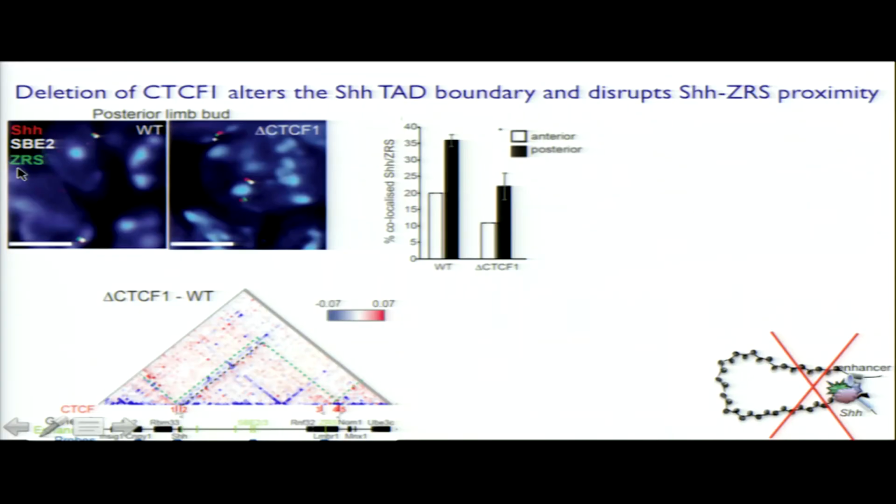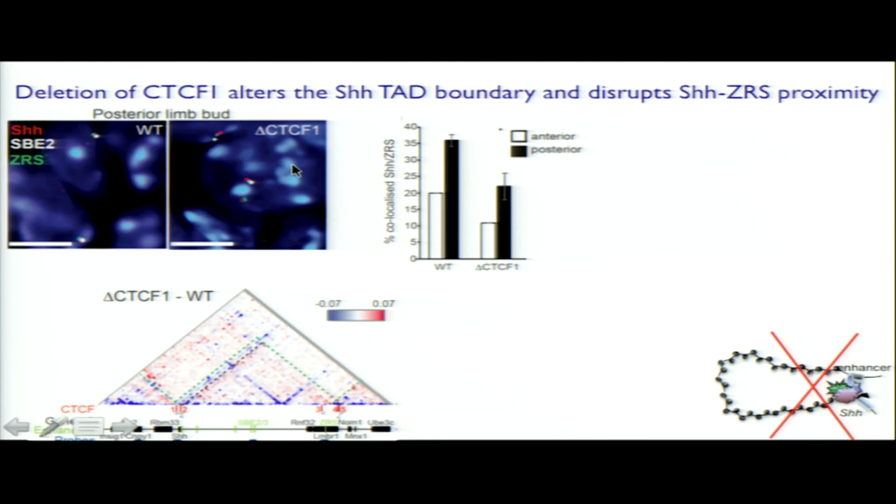The chromosome conformation capture suggests we've disrupted structure. Have we disrupted that enhancer-promoter loop in the limb by doing this? And the answer is yes. So here's some more imaging. Again, this is the posterior limb bud. I showed you the close spatial proximity of sonic hedgehog and its enhancers in there.